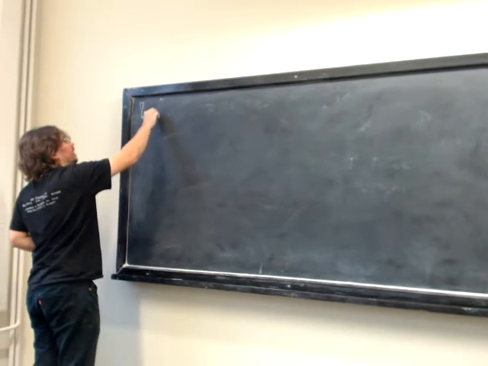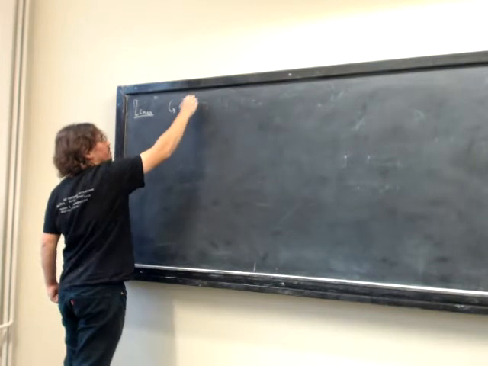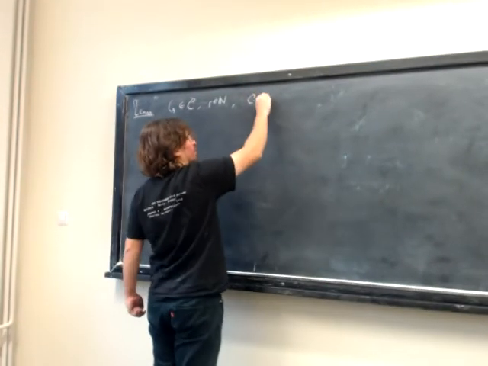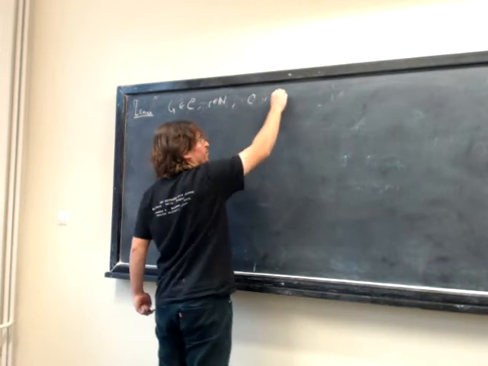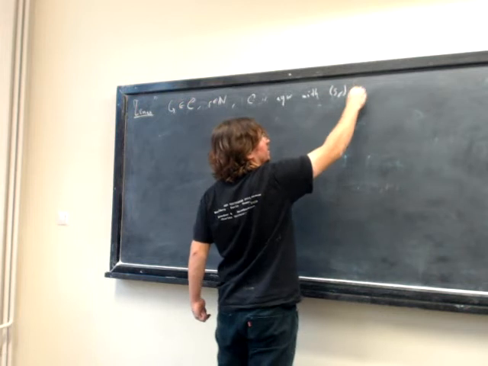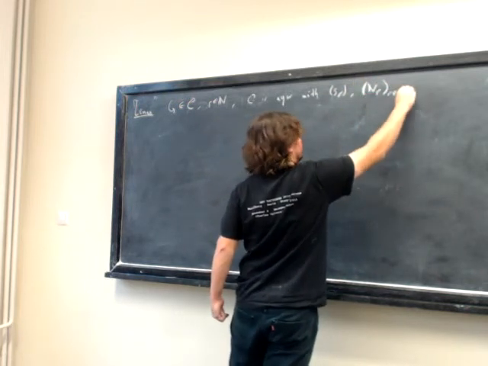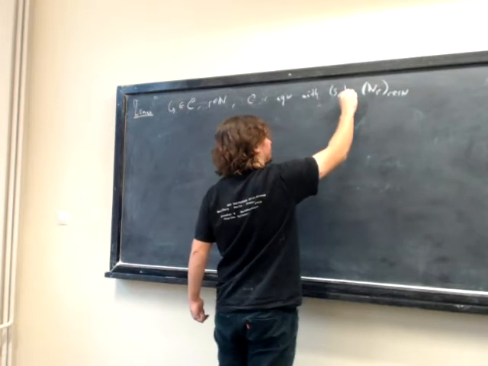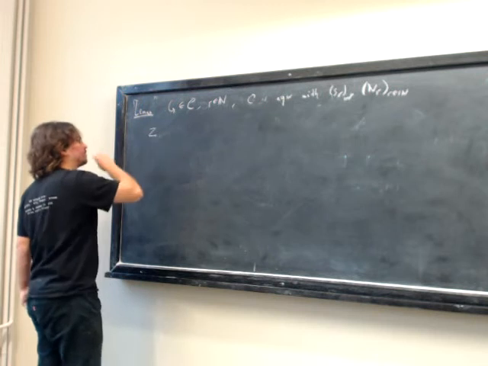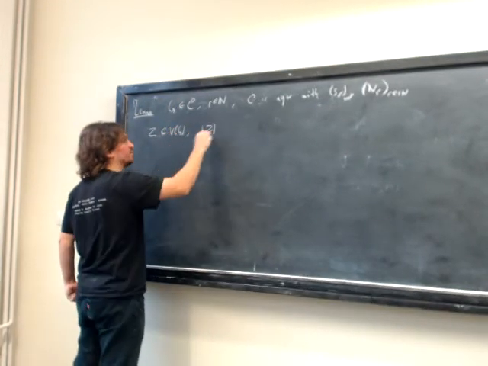So lemma: suppose that G belongs to a class C, R is fixed, and C is uniformly quasi-wide with those margins as R and wideness functions. And say that Z is some subset of vertices, and Z is large.